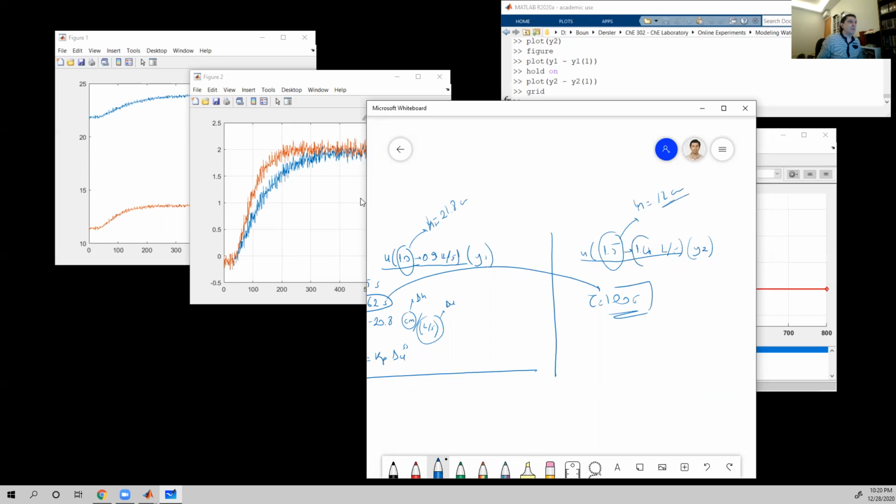You give a change of 0.1 liter per second in the manipulated variable, and what we obtain is delta y1 steady state equal to delta y2 steady state. Therefore, the Kp value seems to be constant here, about minus 20 centimeters per liter per second.